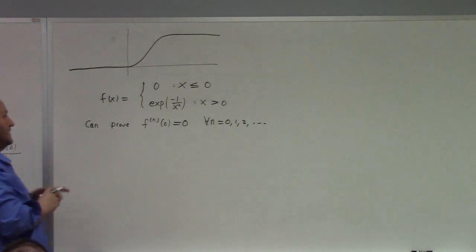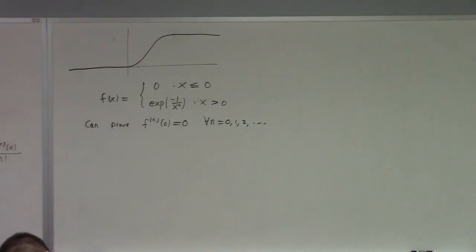So here is a function which has derivative 0 not just the first, not the second, not the third, but all of the derivatives are 0 at 0.